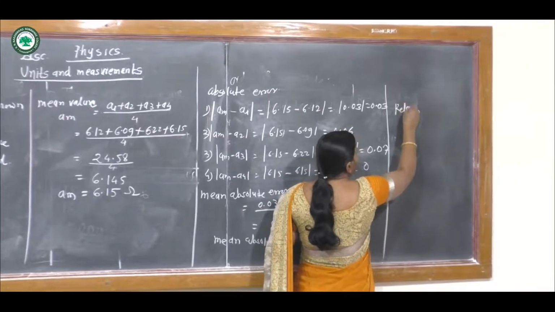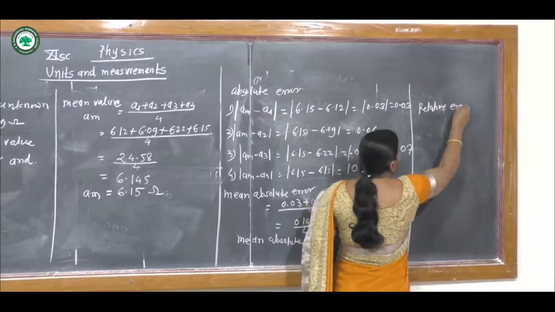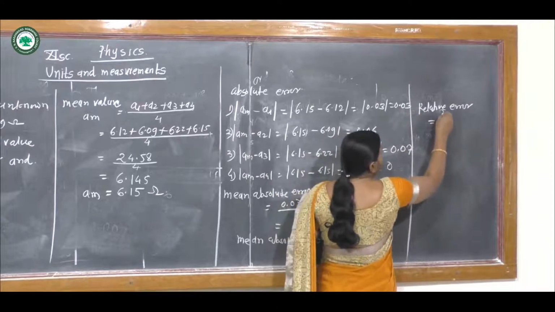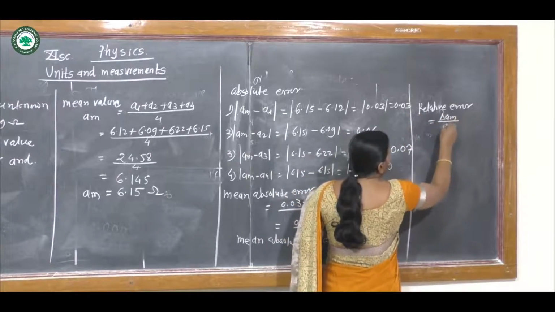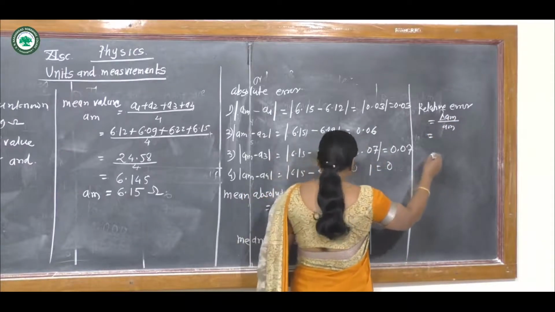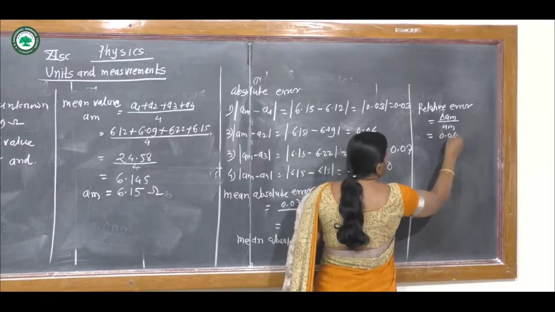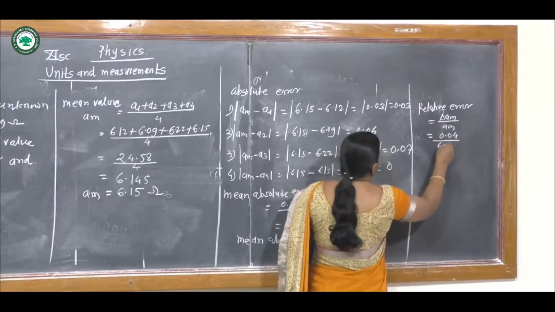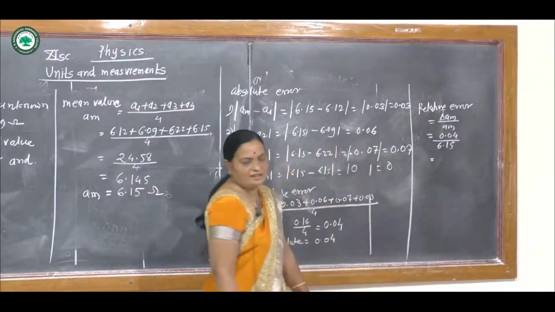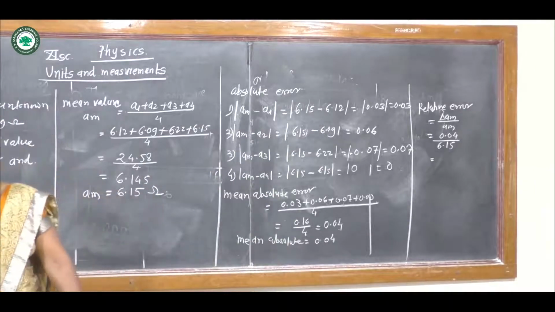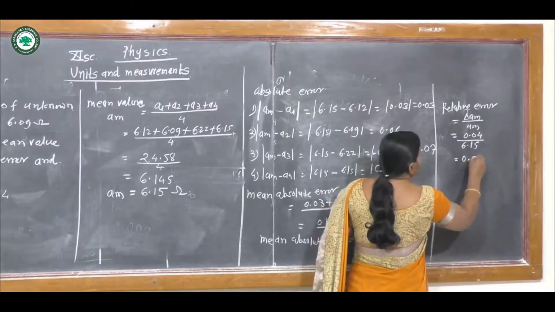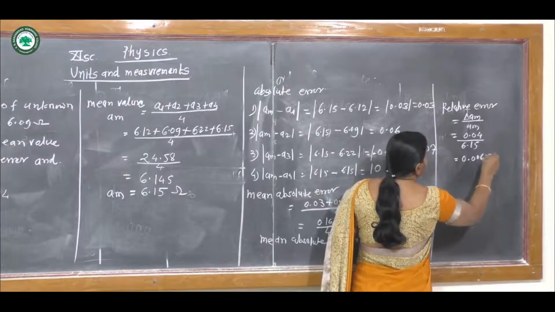Relative error is the ratio of the mean absolute error to the mean value. Mean absolute error is 0.04 divided by 6.15, and the answer is 0.0065.